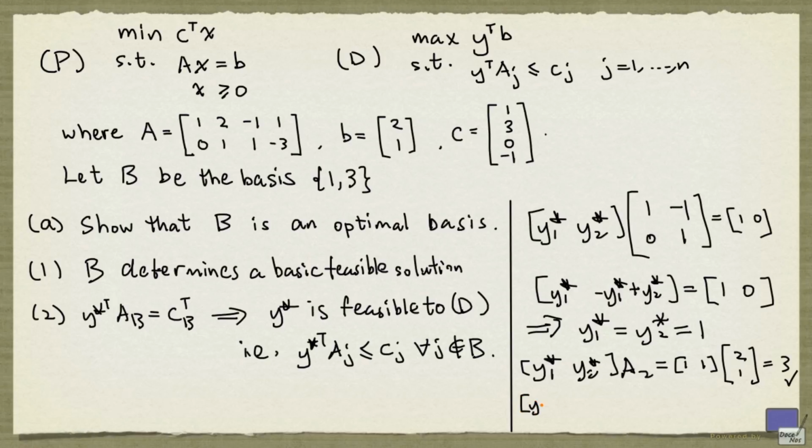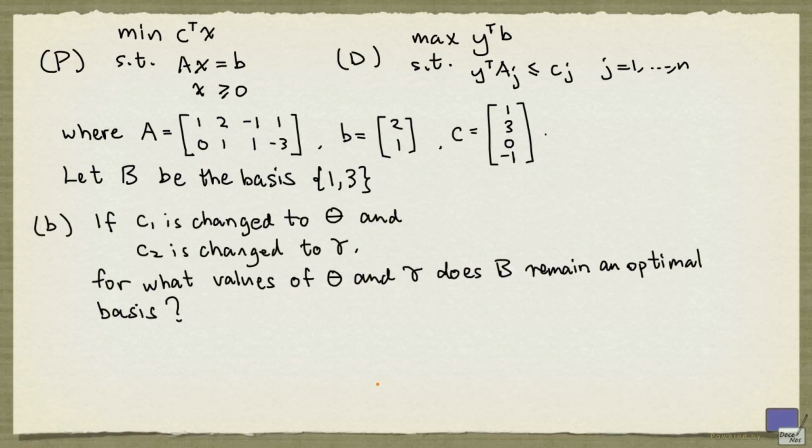And when j is 4, we are looking at this product here, and (1, 1) times (1, minus 3) is minus 2, and minus 2 is less than minus 1, so again, that's fine. So all these inequalities are satisfied, and so the second condition is also satisfied, and we can conclude that B is an optimal basis. So now let's look at our second question.